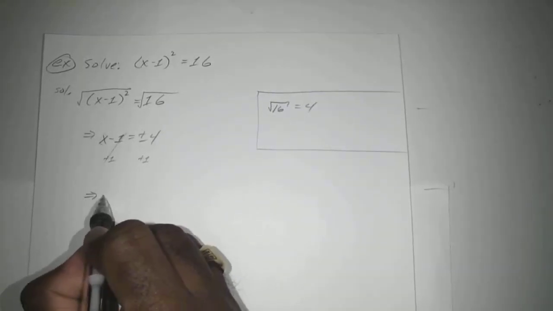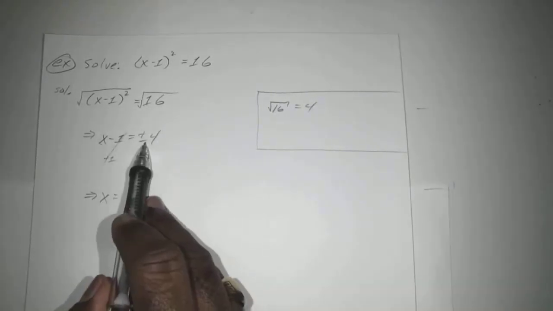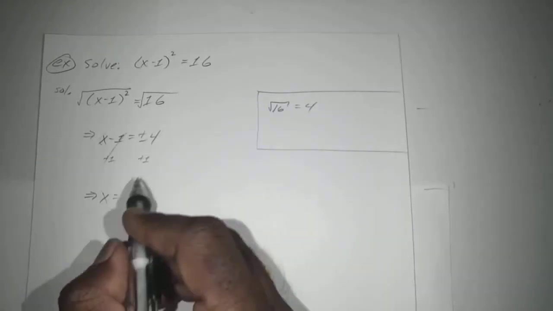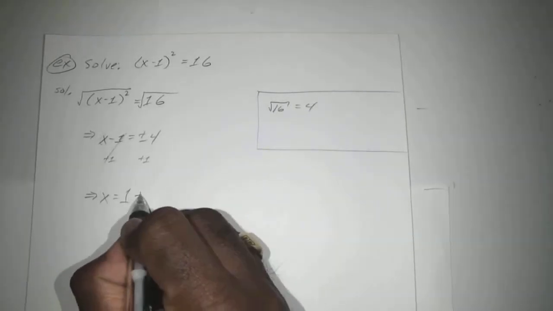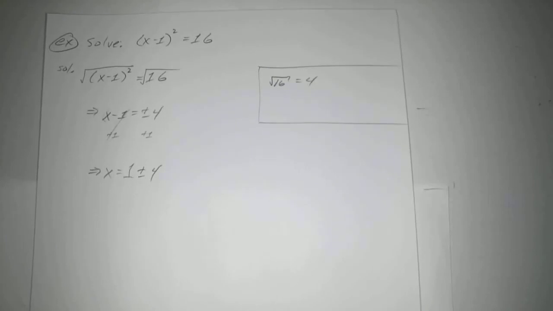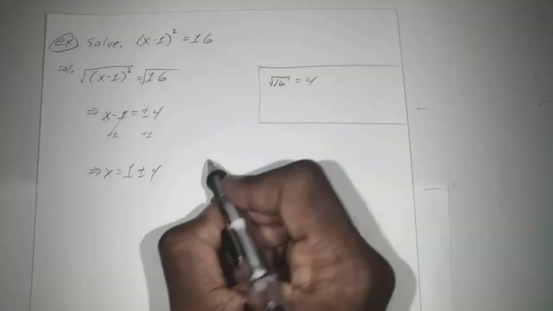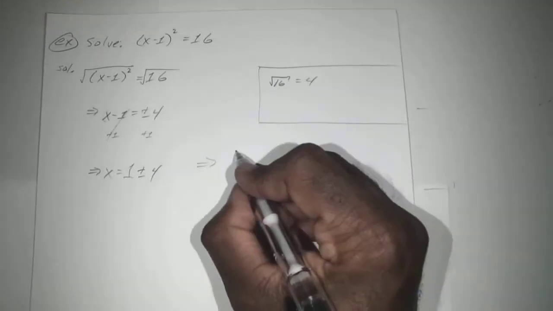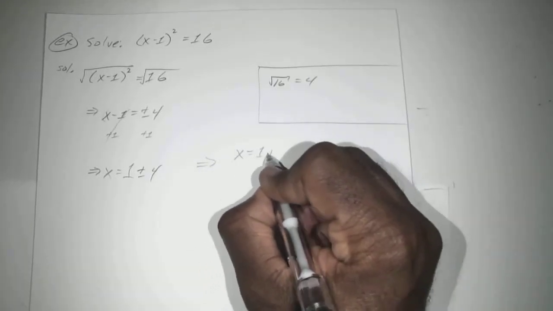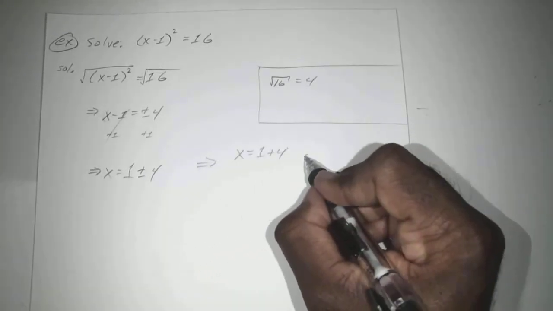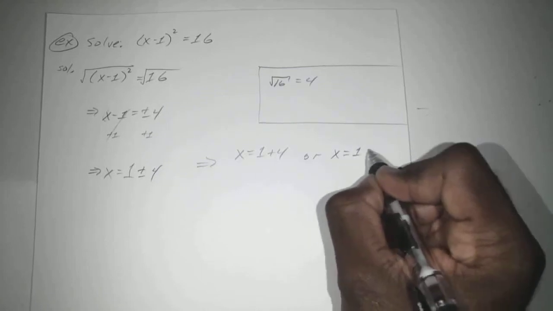Okay, so that gives us x equals, the plus or minus doesn't go anywhere. That stays right there. So it's just 1 plus or minus 4. Okay, so that means you have two answers. You have x equals 1 plus 4 or x equals 1 minus 4.